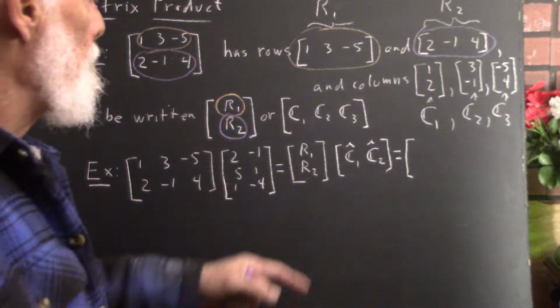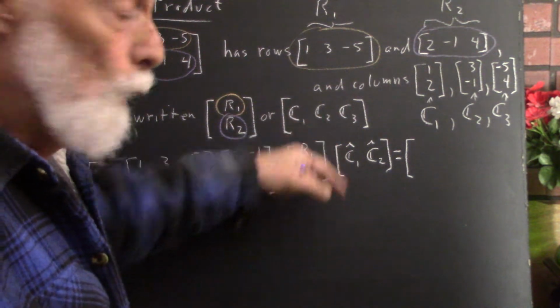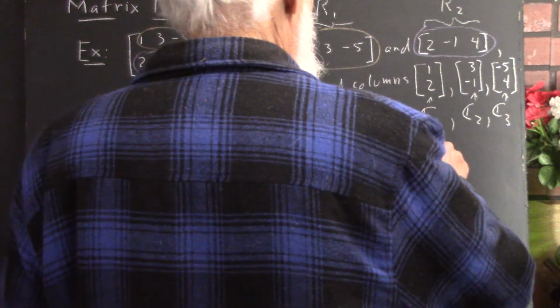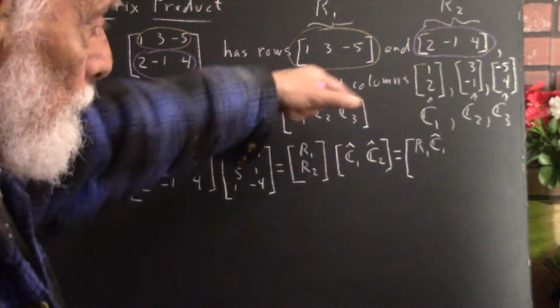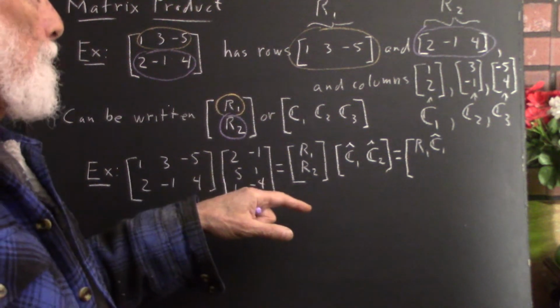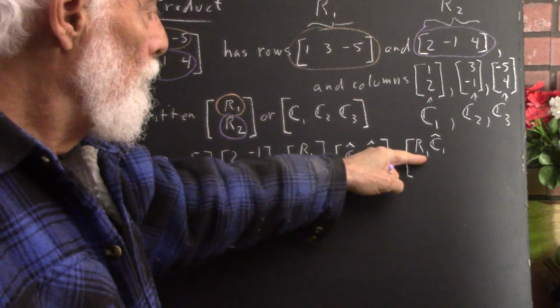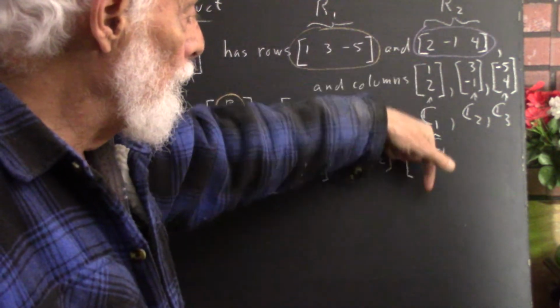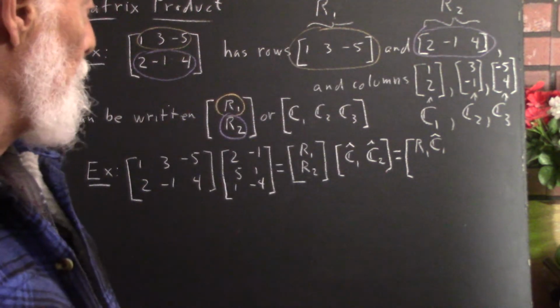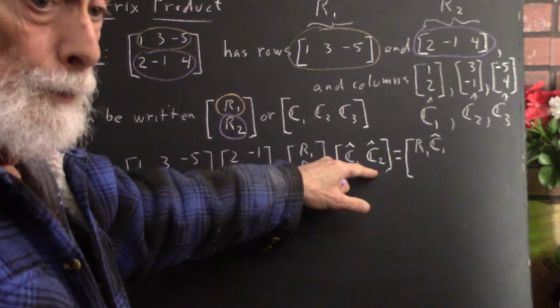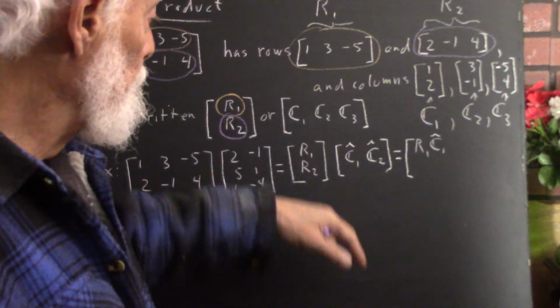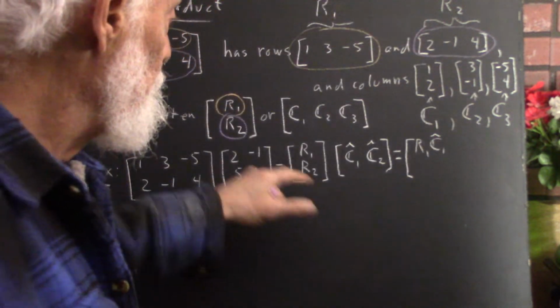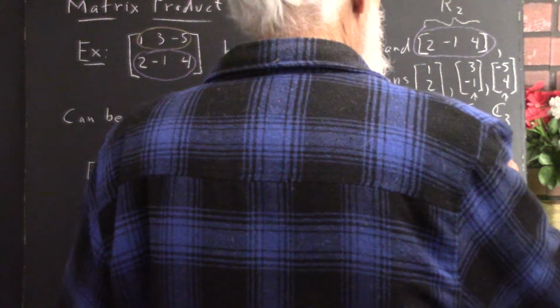That is, when I multiply row 1 by column 1, that's row 1 times column 1 of the second matrix. And this goes in the first row and the first column of the product matrix. If I multiply row 1 by column 2, I want to put it in row 1 of the product matrix, and column 2. So row 1, column 2 goes here.